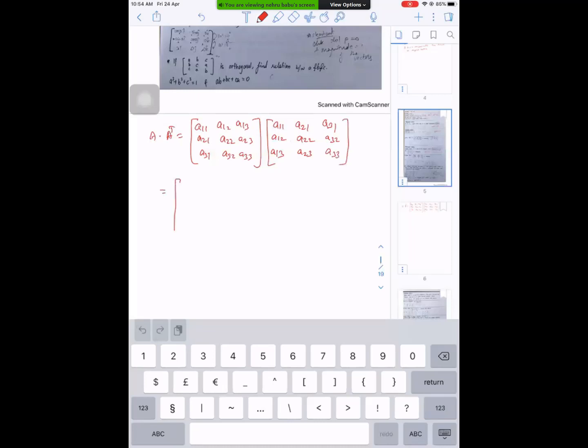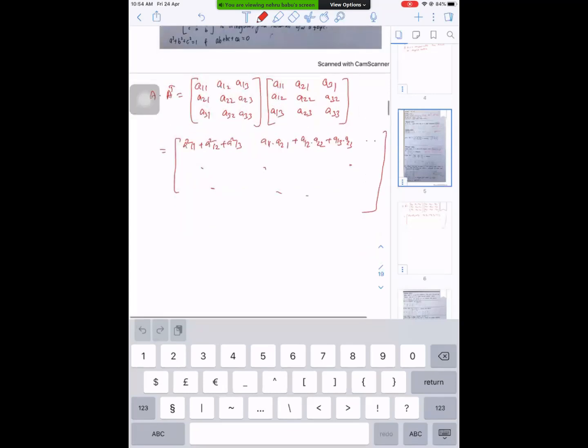If you observe the first row, you get A11 square, A12 square, A13 square. The second: A11 into A21 plus A12 into A22 plus A13 into A23. Similarly, you will get the remaining elements.